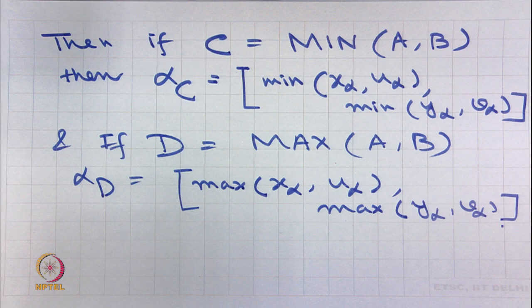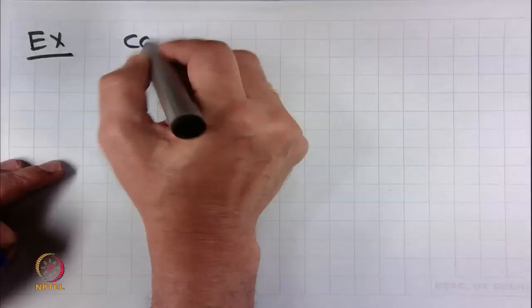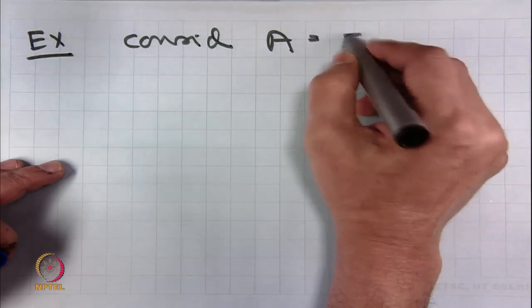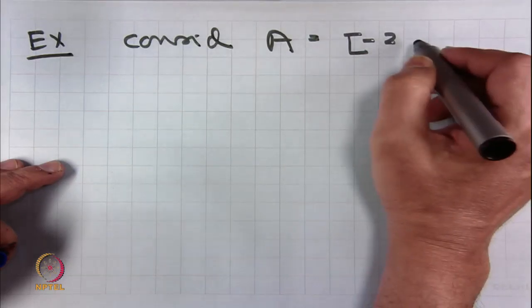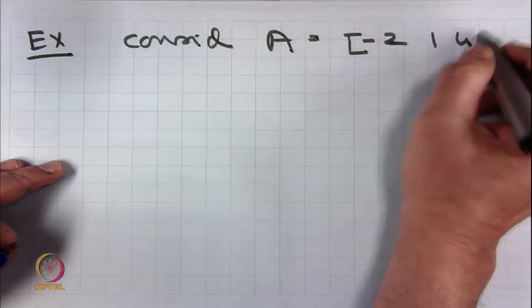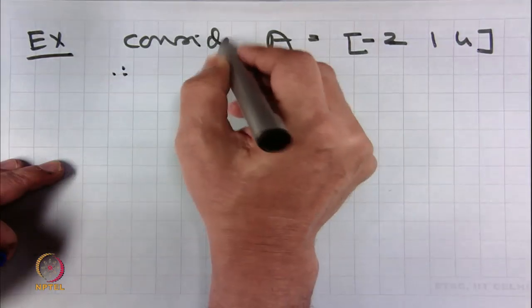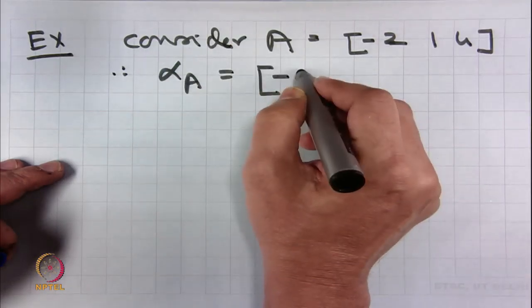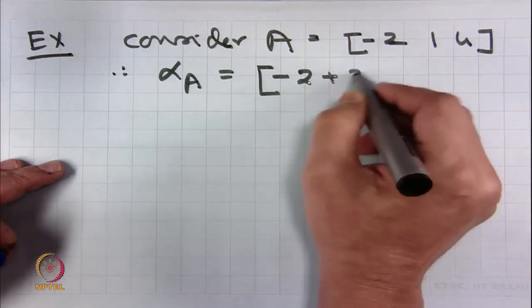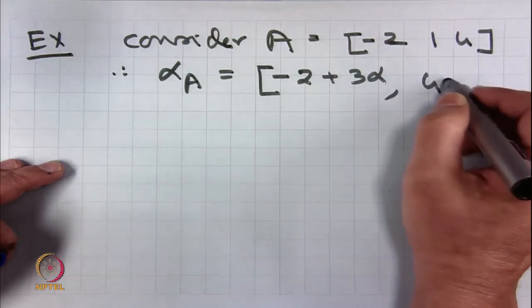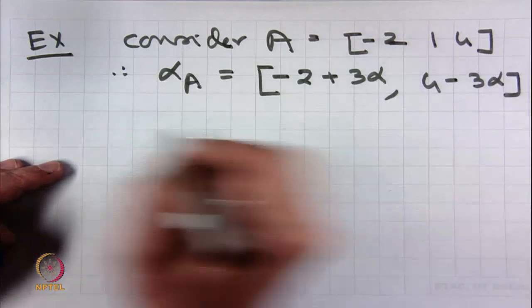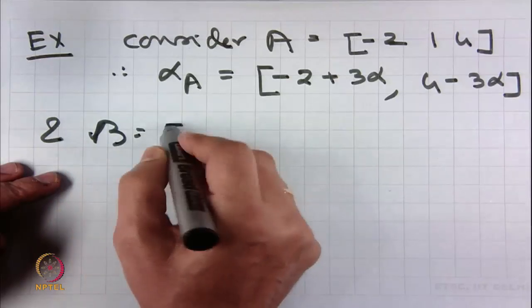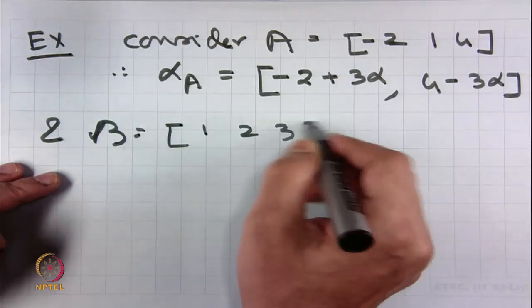For example, consider A = (-2, 1, 4). Therefore, alpha cut of A is [-2 + 3 alpha, 4 - 3 alpha], and B = (1, 2, 3).